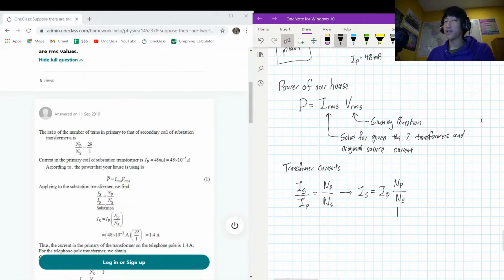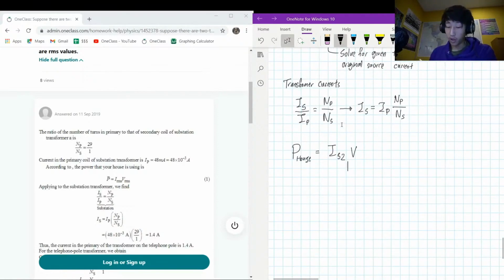And if we know that this is the case, at the very end we're going to be observing a secondary current, right? That's going to be the output current. So this is our final P. Let's call that P house. It is going to be I secondary of the second transformer times the V that we were given.